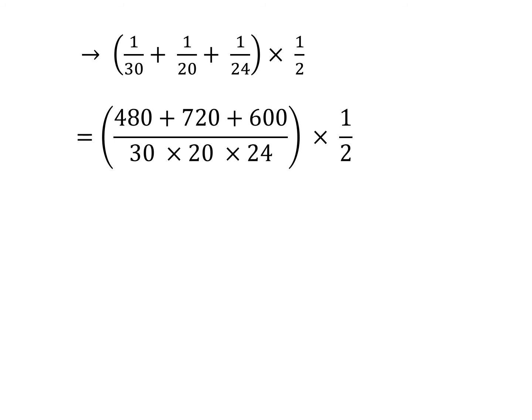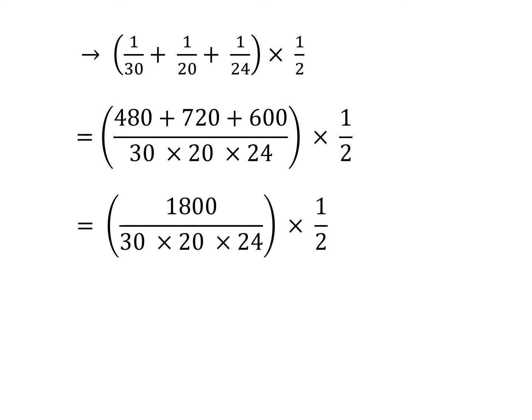Now the sum of these numbers in the numerator will be 1800 and the denominator will be 30 times 20 times 24, and we can simplify this fraction. We can divide both numerator and denominator by 10.